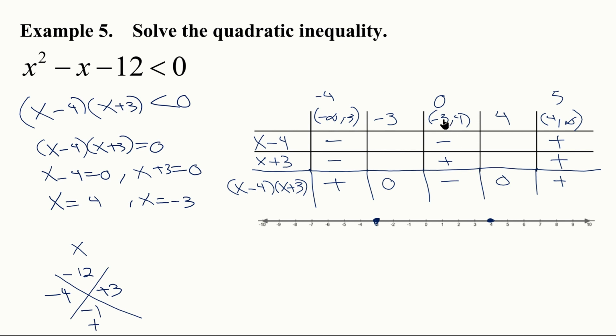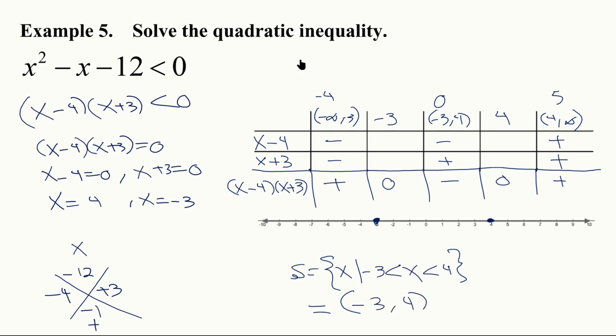So that's how we know the solution set is going to be the numbers between negative 3 and 4. So you can say it in set builder notation, all x such that negative 3 is less than x is less than 4. Or you can write it as an interval, as the interval from negative 3 to 4.